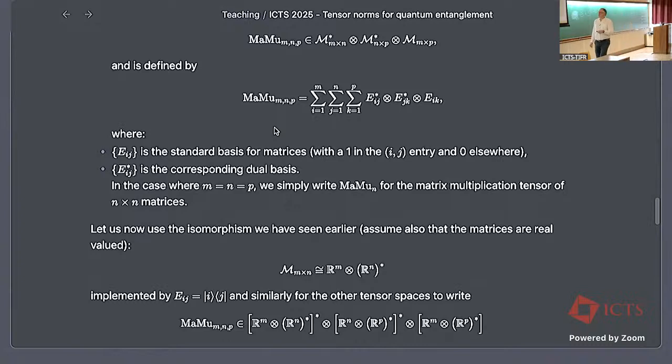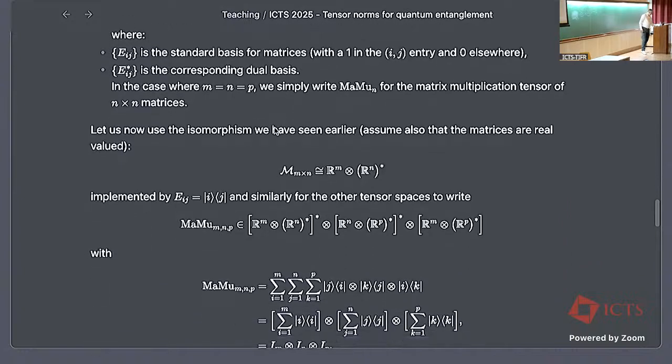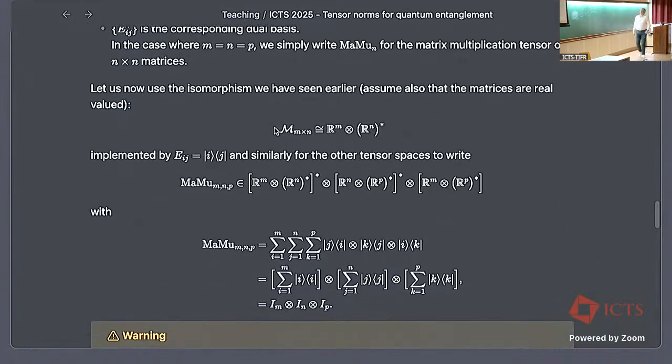So now what I want to infer is that this MAMU tensor is actually, in disguise, a 6 tensor, because every matrix space I can decompose as a tensor product of basis vector spaces, and then the MAMU tensor has 6 tensor factors. But this shouldn't come as a surprise, because if I go back to my bracket notation and I write this formula, you remember I had E_ij*, E_jk*, E_ik, and I write this in bracket notation.